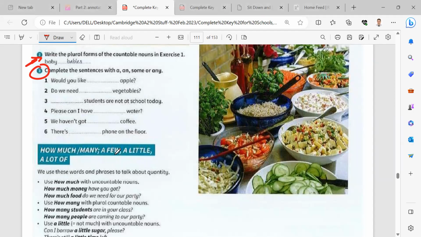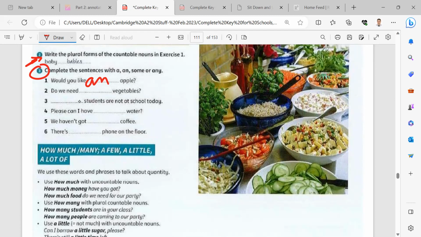Number 1, are you done? Yes, I'm done. Read number 1, Nawaf, please. Would you like some apples? No, here apple. If it is apples, yes, you can say some. But here one apple, so an apple.